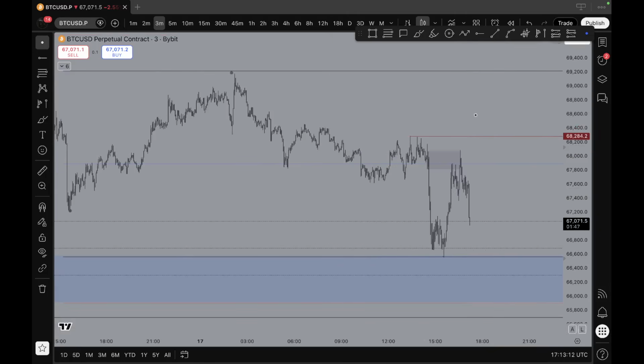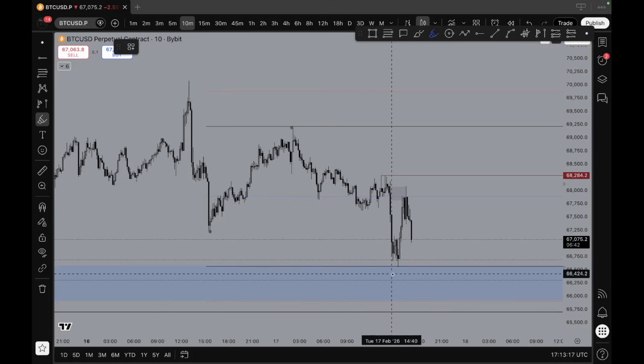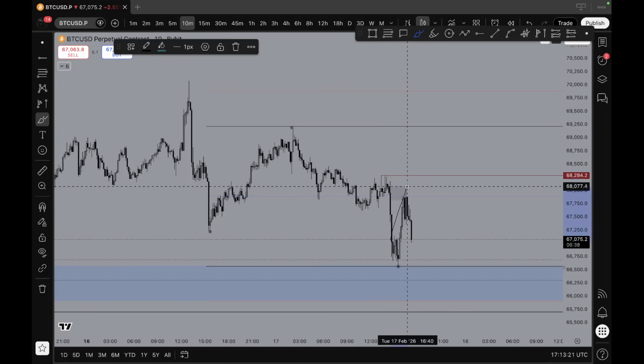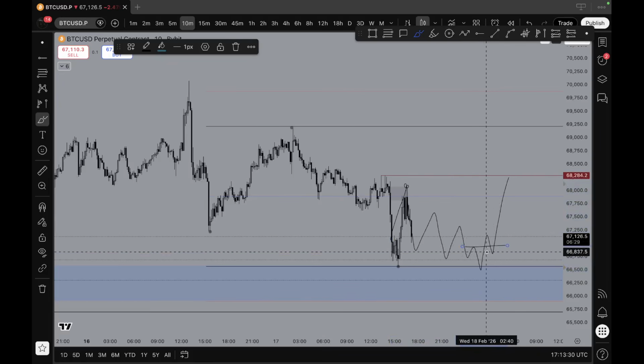Or what you want to see, which is the better outcome, is that if this is the 1, this is the 2, that with this move, price took out the supply, and then now you want to see like a slow move down, preferably with structure confirmation, and then along it right here.